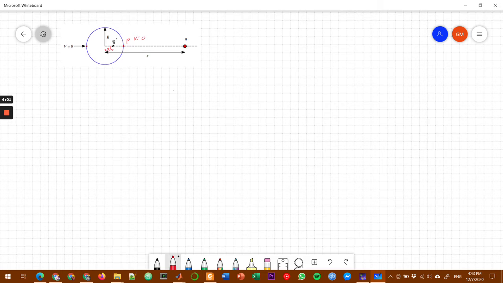So let's try to calculate, look for the expression sa imong potential at point P. We know ang potential ana niya of course 0, grounded conducting sphere. But the expression is actually a contribution niya sa Q prime o Q. Okay, ang sum sa duha, it should give you 0.